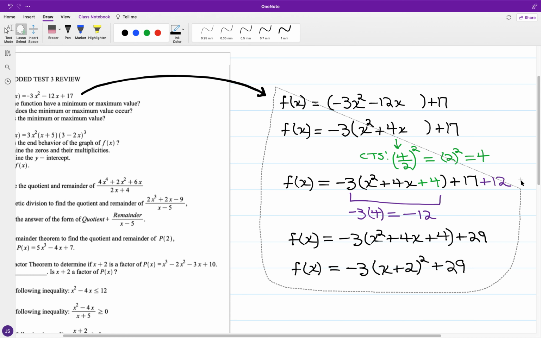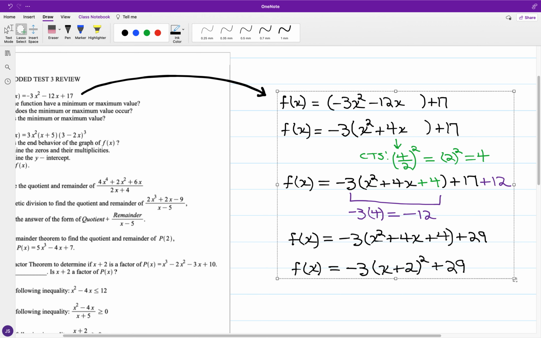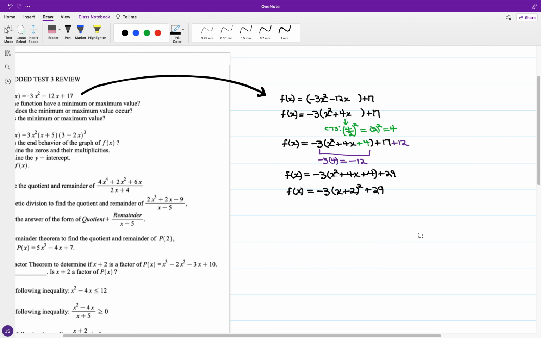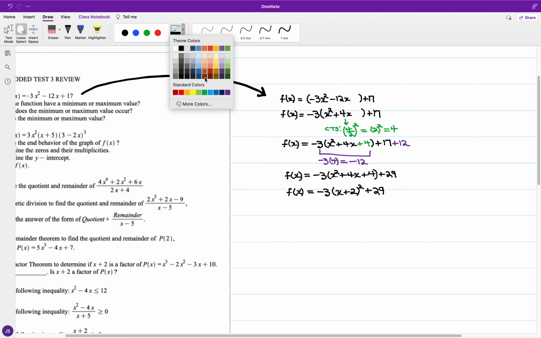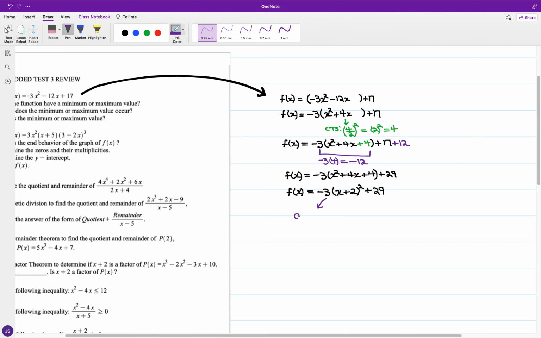In terms of the items addressed in this first problem, we got the vertex form. In reference to the coefficient a, which is equal to negative 3, because we have a negative leading coefficient, in this particular case the graph opens down from the vertex.